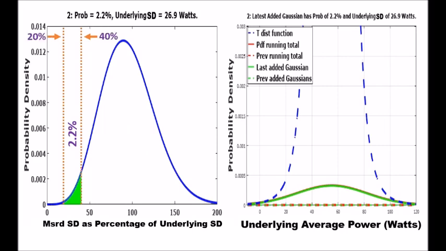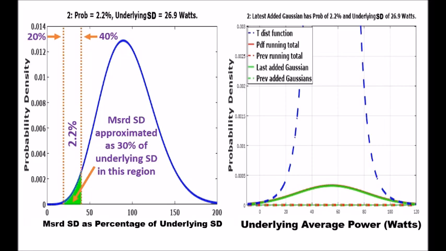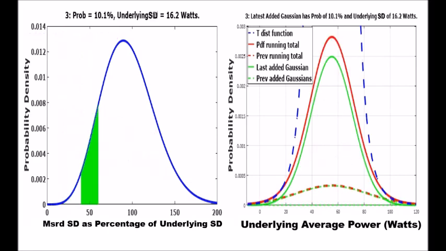Once again, this will be approximated as 30%, and we'll compute the corresponding underlying standard deviation for this region. Notice how we're using 8.1 watts in the formula here, the inferred standard deviation of our 6 bulb average. It's also interesting to observe how this high standard deviation Gaussian, and our next one, pretty much fill in the tails of our final distribution.